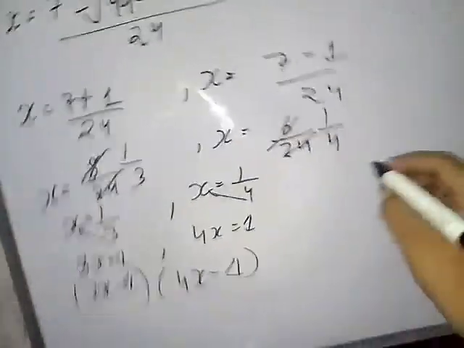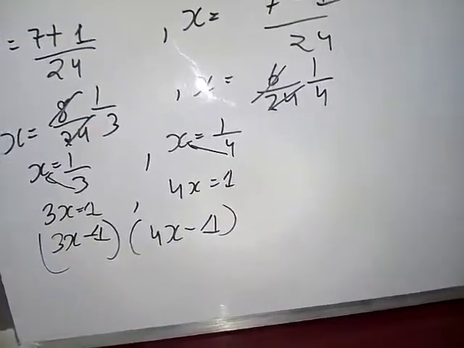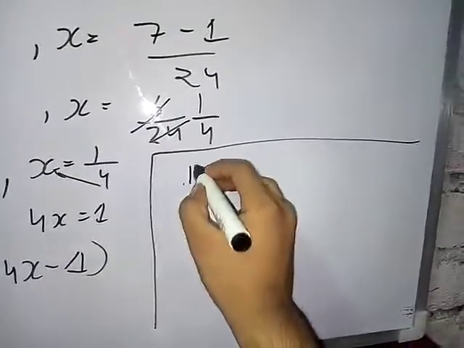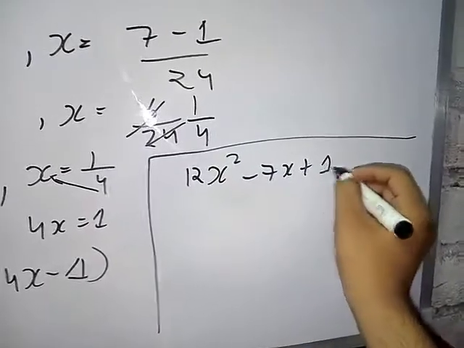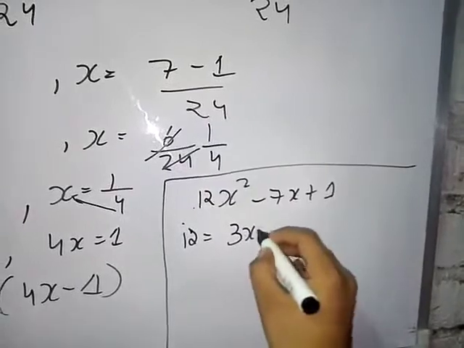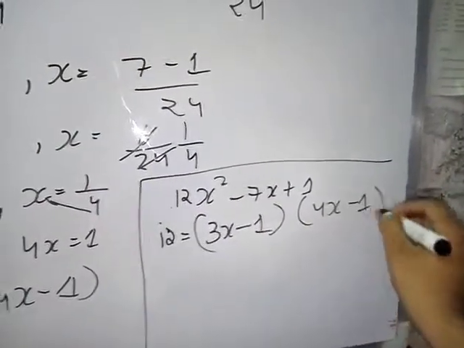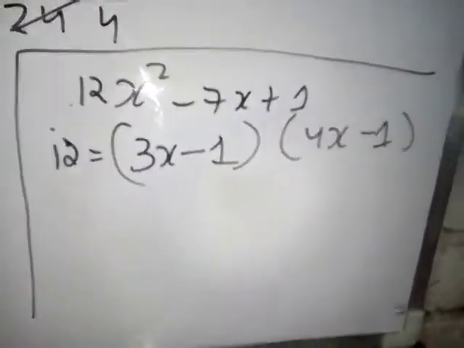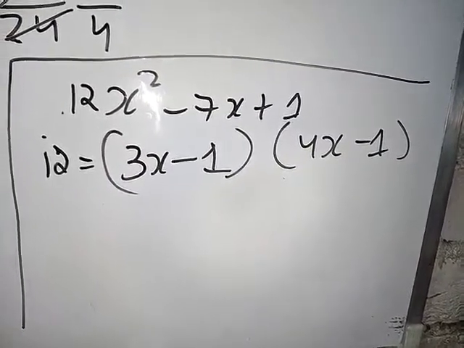So these give the factors of this polynomial. The factors of the polynomial 12x square minus 7x plus 1 are 3x minus 1 and 4x minus 1. Now we are going to find it in the normal way.